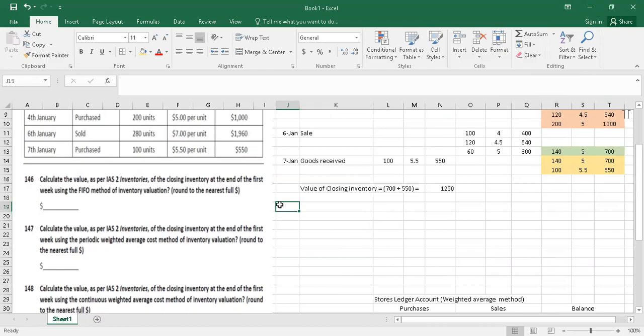So let's answer question number 147 first. Do it on a fresh page if you have already prepared the format, if you have drawn the lines. Take a fresh page and write question number 147. Heading is periodic weighted average cost method.